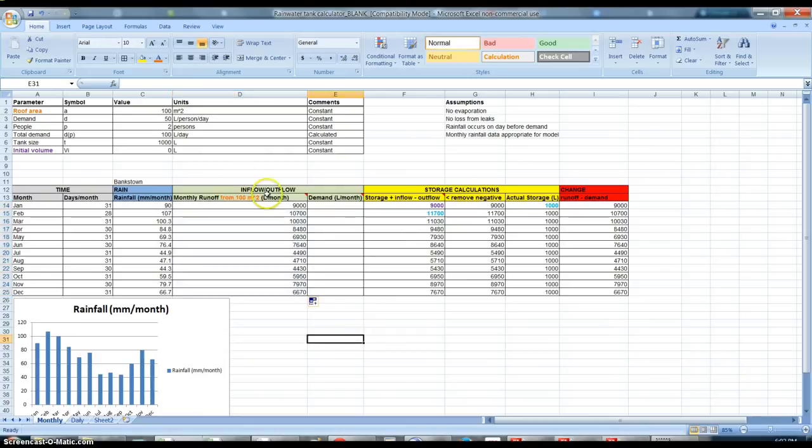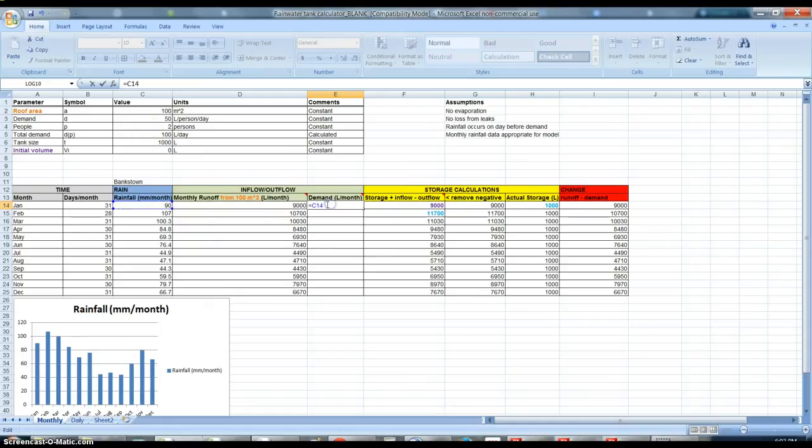There we go. Alright, so you can see here we've got the total inflow litres per month, and now we're going to have a look at the demand per month. The demand per month is going to be related to the total rainfall and the demand.